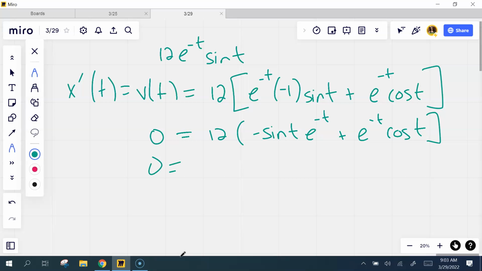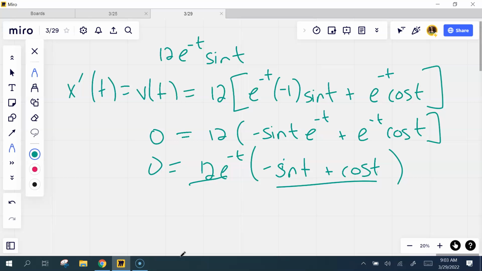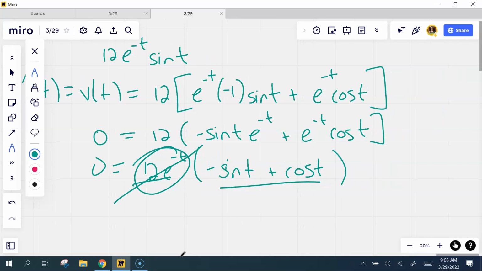I thought about the product rule, which says that two or more things multiplied together, thing one, thing two, equaling 0, one or both of them must be 0. This is never going to be 0 because there's nothing you can plug in for t that's going to make that 0. When you raise e to a value, it's never going to be 0. So I automatically eliminated that.